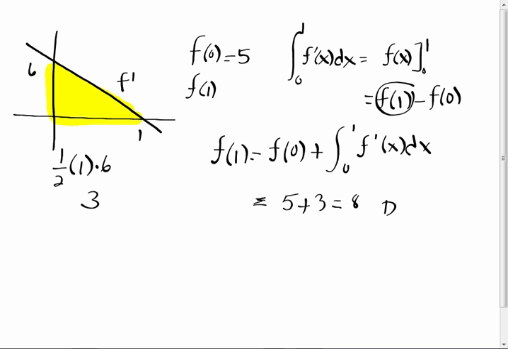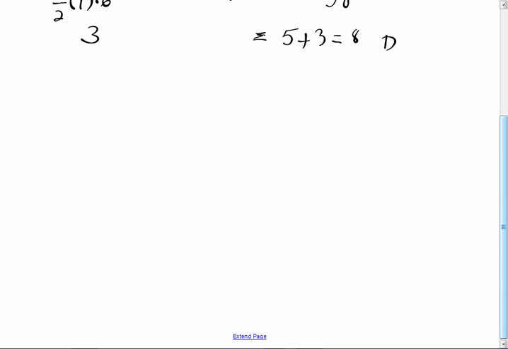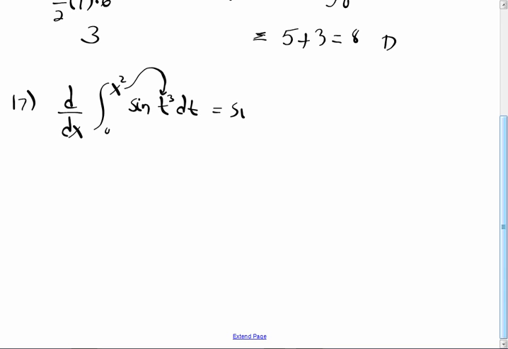The one after it, which is problem 17, is the second fundamental theorem of calculus. It's the derivative of the antiderivative. Yes, but be careful, it's composite. So you're going to put this in here. The derivative undoes the antiderivative. They cancel each other out. So you still have the sine function, but it's the sine of x squared cubed.